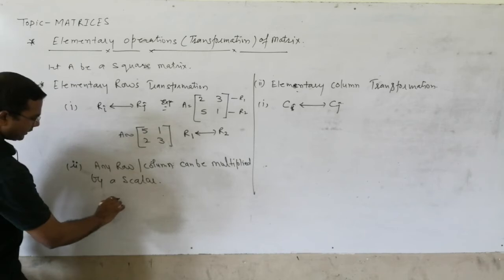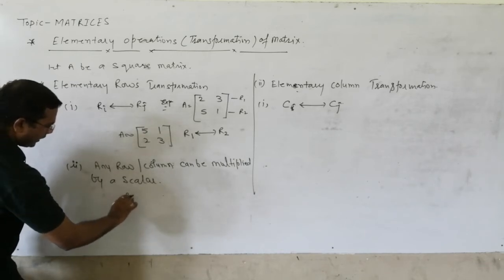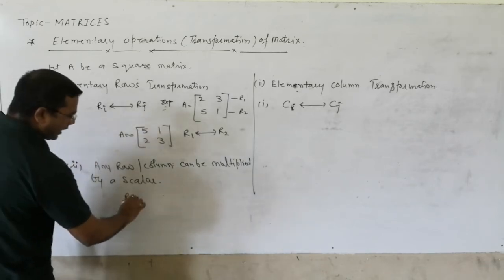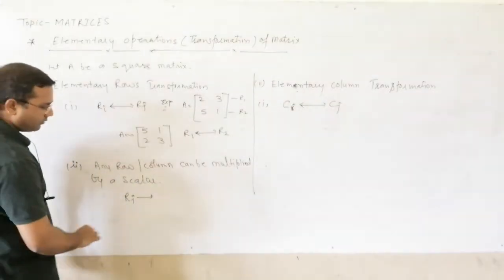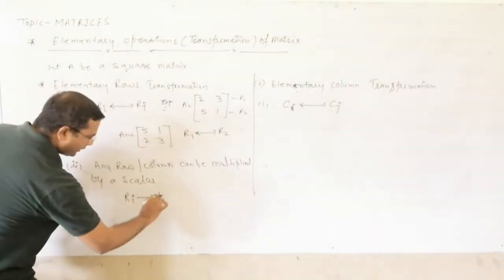How will we represent this? Suppose the row is Ri. This row Ri I will change to K Ri.